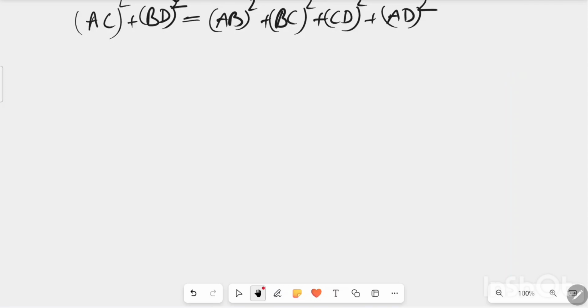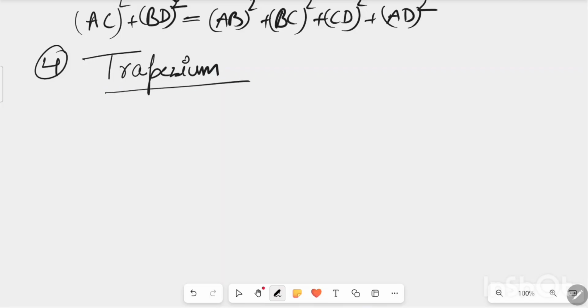After parallelogram, we have trapezium. Number 4 is trapezium. What is trapezium? It is a quadrilateral with any one pair of opposite sides parallel.